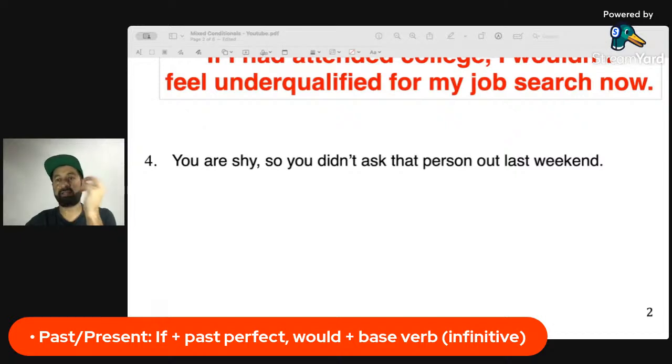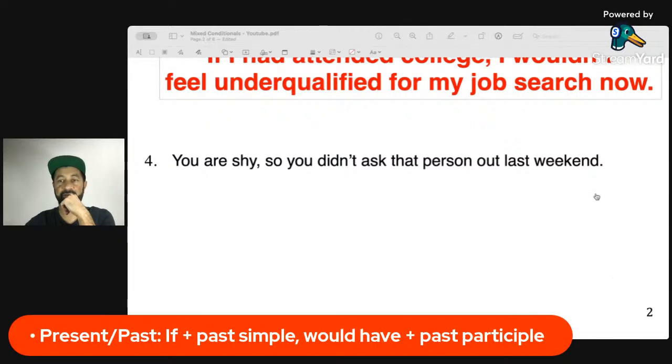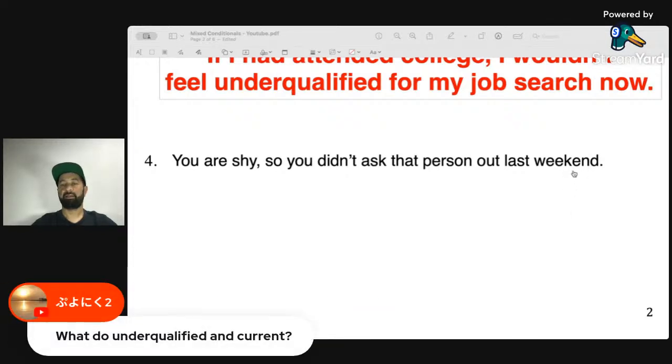So in this one here, again, for the mixed conditional, what I would say is probably this one here. If in the past simple, would have in past participle. What do we have here?